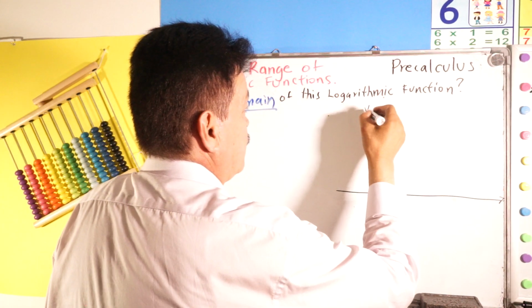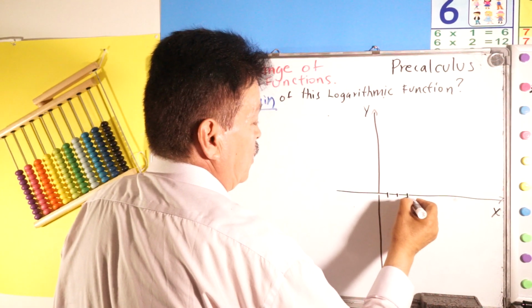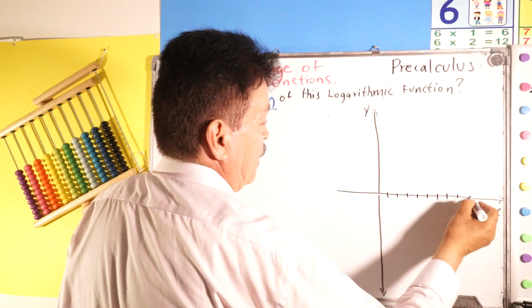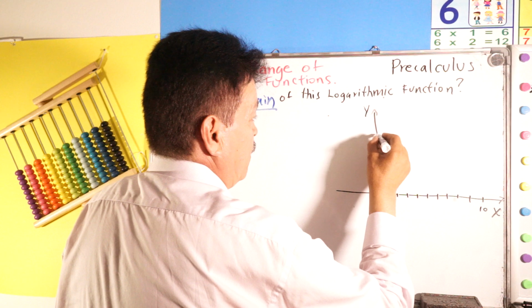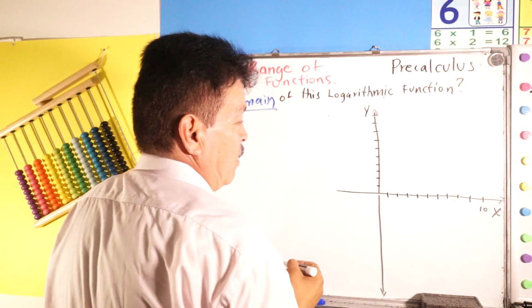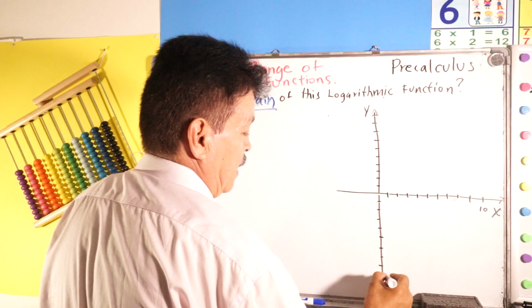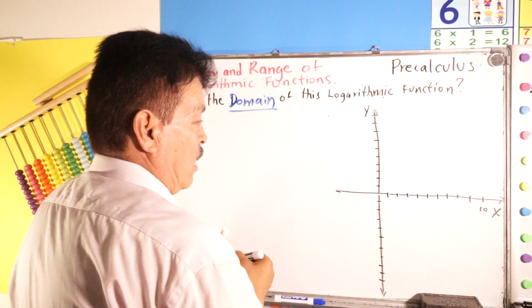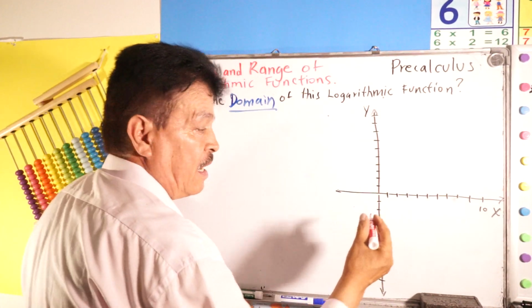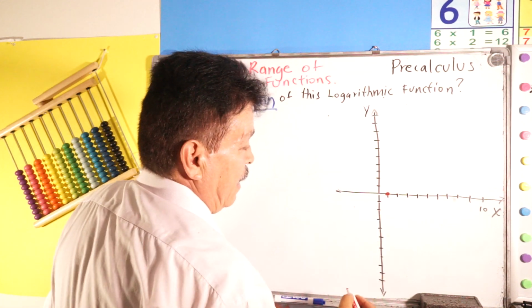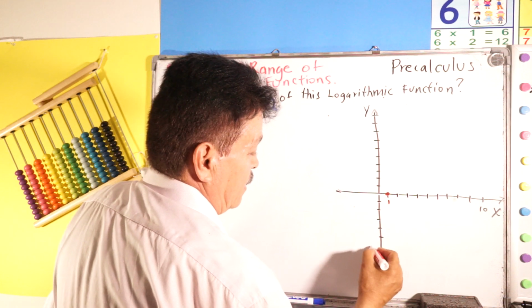So this is y, this is x, and let me divide the axes into 1, 2, 3, 4, 5, 6, 7, 8, 9, 10. I want to mark some points on this graph. The graph crosses here, and it's 1 right here, and then 2, 3, 4, 5, 6. It's negative 6.